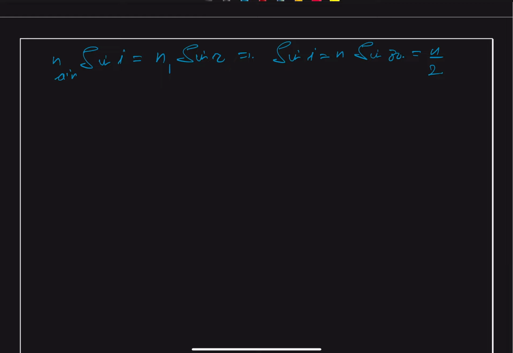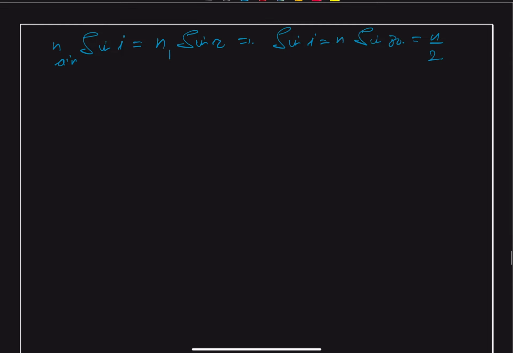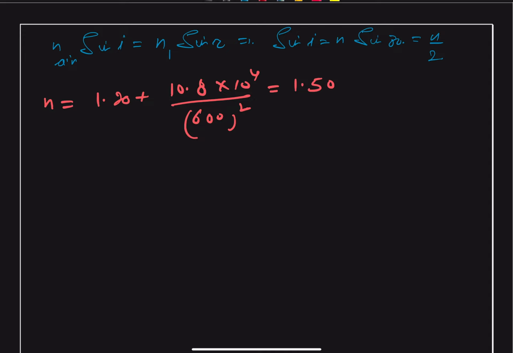And we can find the value of N for 600 nanometer, because we know the relationship between N and the wavelength. So N will be equal to 1.20 plus 10.8 into 10 to the power 4 divided by 600 squared. So this comes as 1.5.